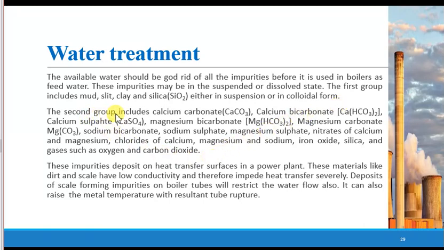The second group consists of calcium carbonate, calcium bicarbonates, calcium sulfates, magnesium bicarbonates, magnesium carbonates, sodium bicarbonates, sodium sulfates, magnesium sulfate, nitrate, etc. These impurities deposit on the heat transfer surfaces in a power plant.